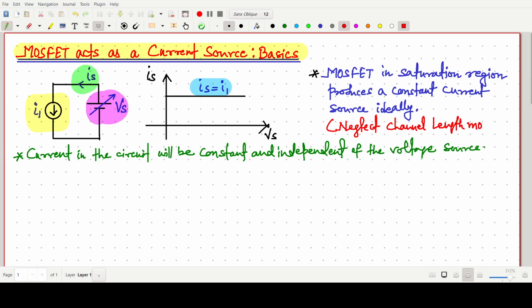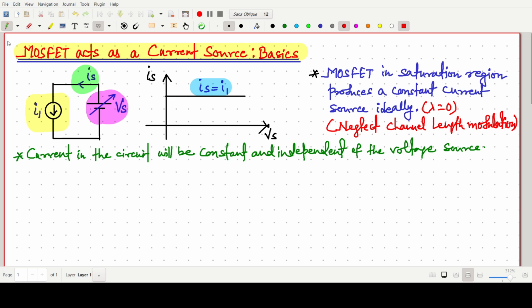After neglecting channel length modulation, this lambda we can say is 0. MOSFET in saturation region produces a constant current source ideally with lambda equals to 0. We have to neglect channel length modulation.